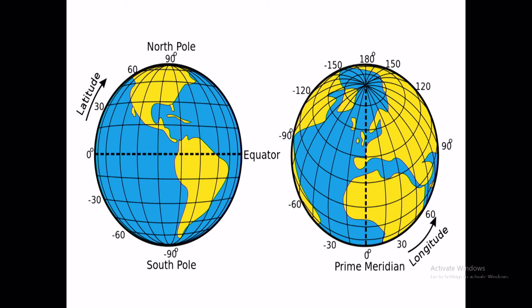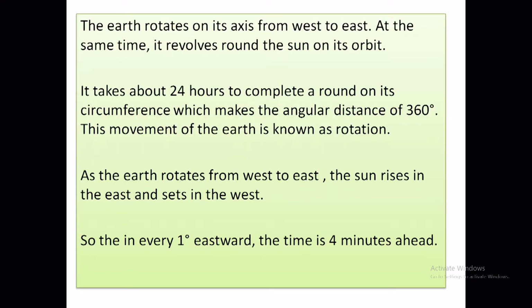But in the second figure you can see the lines of longitudes which are drawn from north pole to south pole, and there are altogether 360 longitudes. The prime meridian is the base of all these, which is taken as 0 degree, and just opposite of it lies the international dateline, which is at 180 degree longitude. About the international dateline we will be discussing after some time.